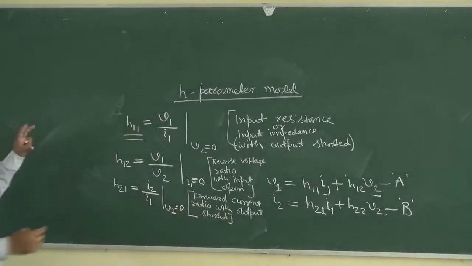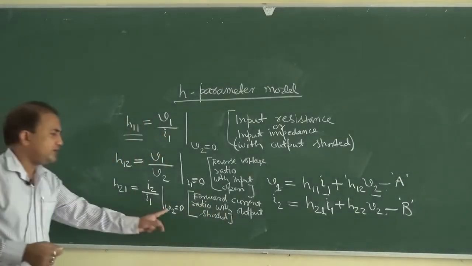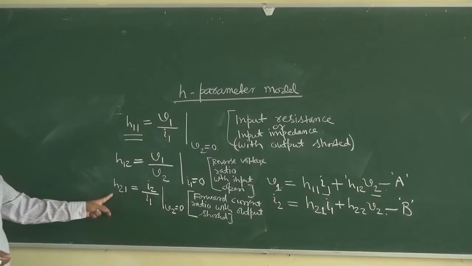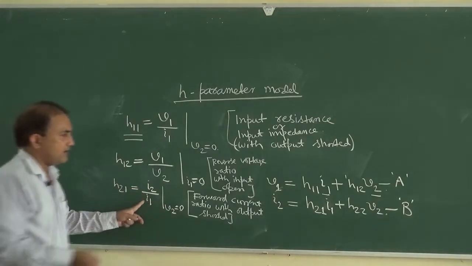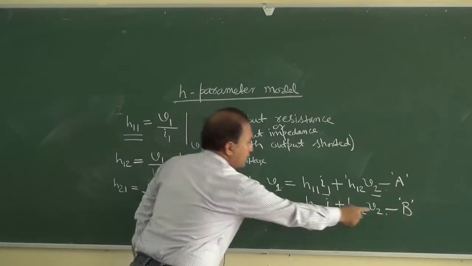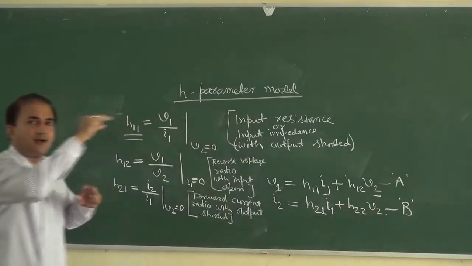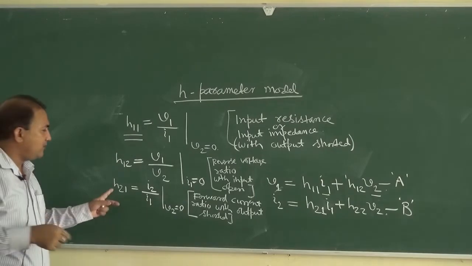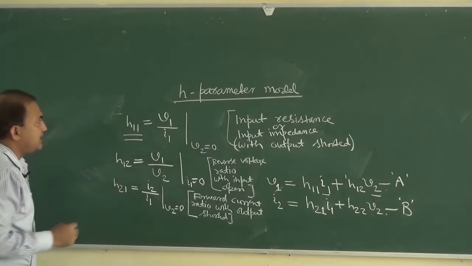When the output terminals are shorted, then in that case V2 is equal to 0 and H21 is equal to I2 by I1. H21 is equal to I2 by I1 when V2 is equal to 0, means when the output terminals are shorted, then we can determine H21.